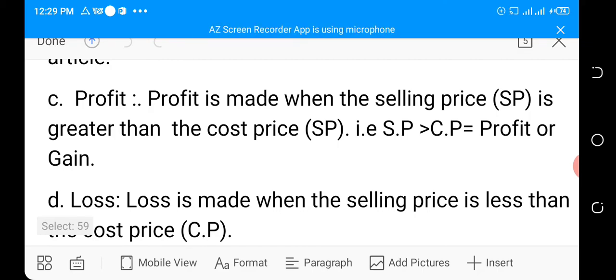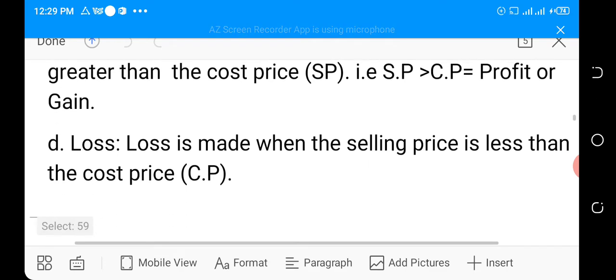In a transaction, either we gain or we lose. So before we can say that we made a profit, the selling price must be greater than the cost price. That is, your SP must be greater than your CP.